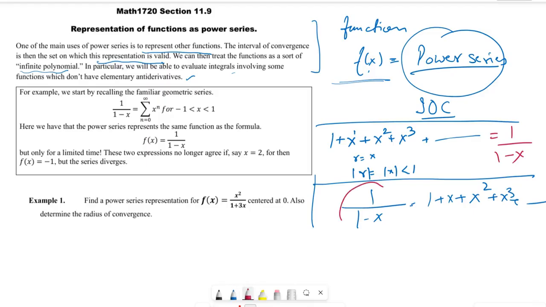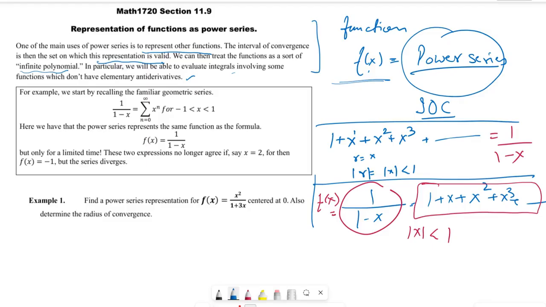So basically, if I name this function f of x, it is represented as a power series here, and this converges if the absolute value of x is less than 1. The interval of convergence we know is negative 1 to 1. So to start with, this is really simple, but we need to learn how to write functions as series.